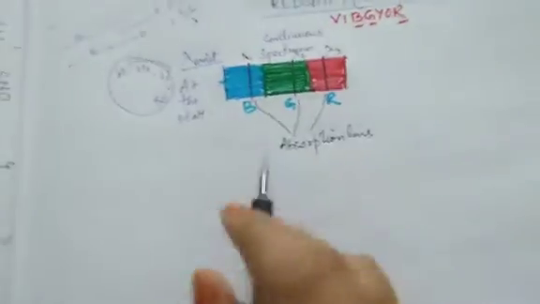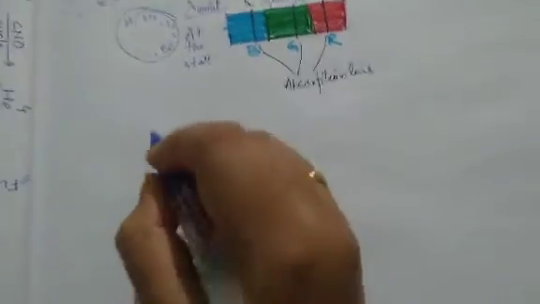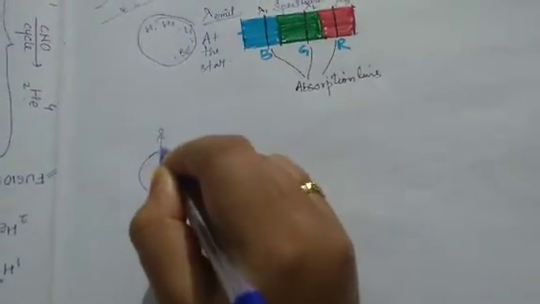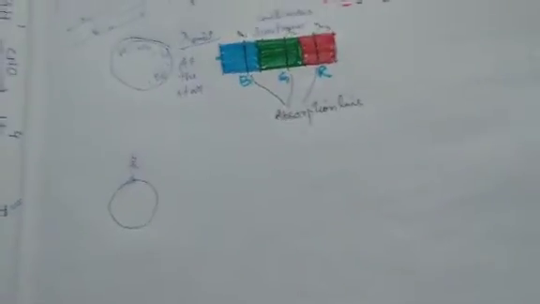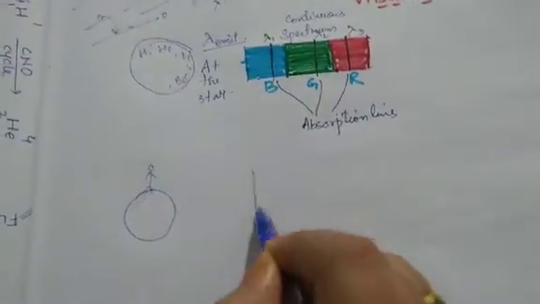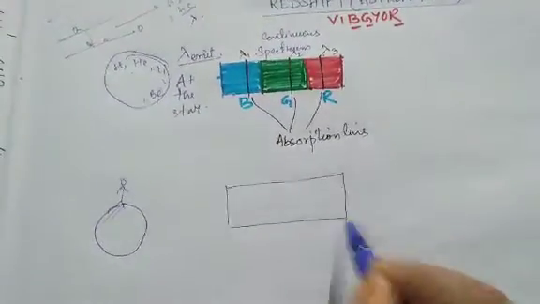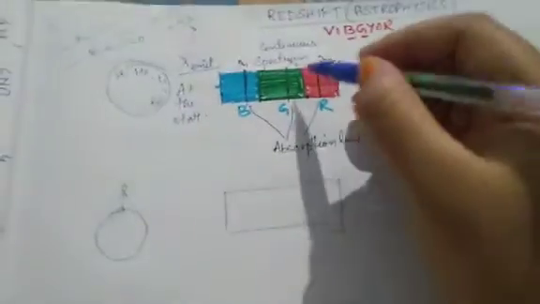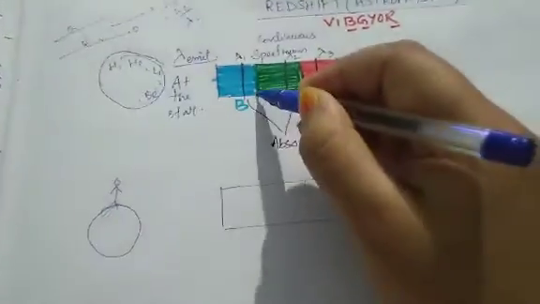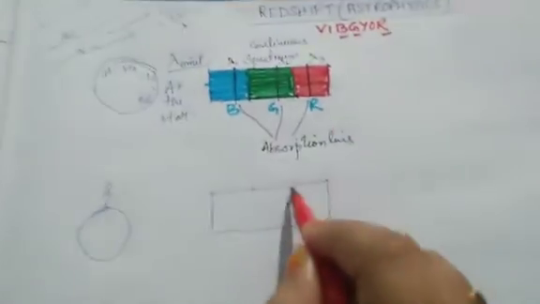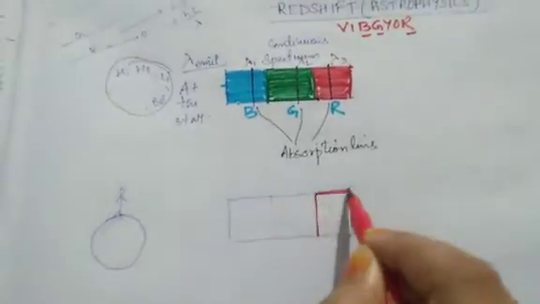Now suppose that you are on Earth. Somebody is standing on Earth and watching this particular spectrum. So he is also going to see that spectrum, isn't it? I'm drawing it roughly equal, but I'm not drawing that comfortably, you can understand.